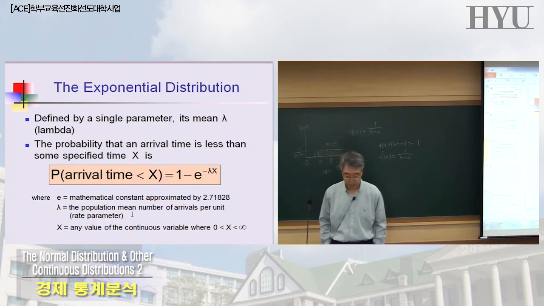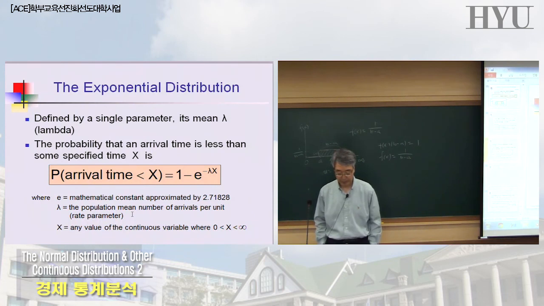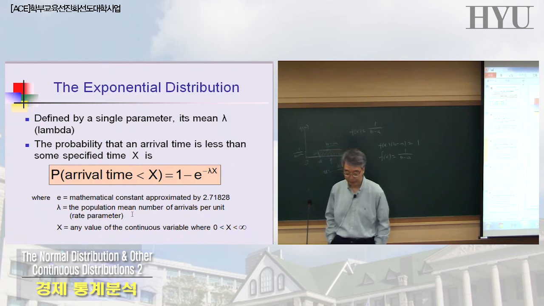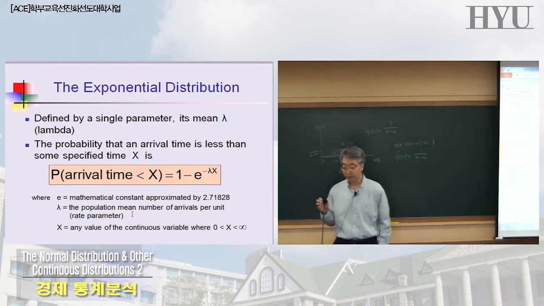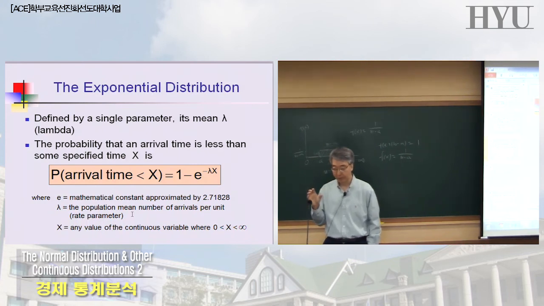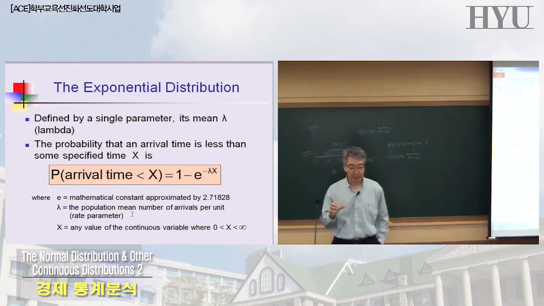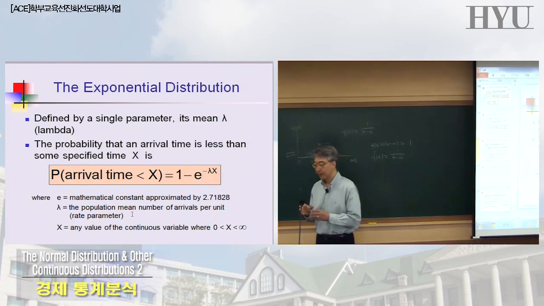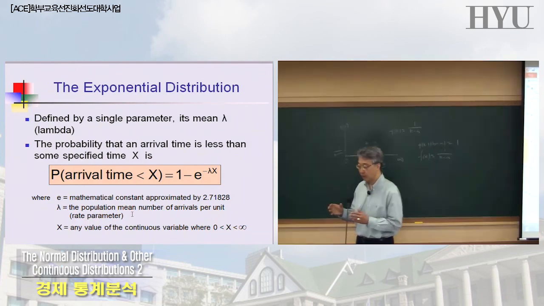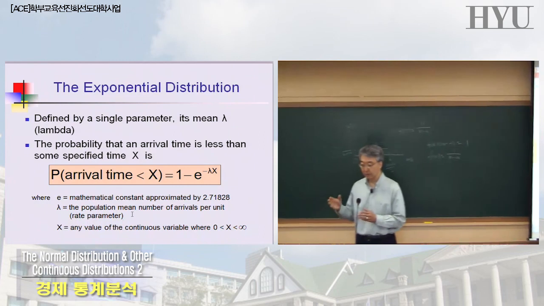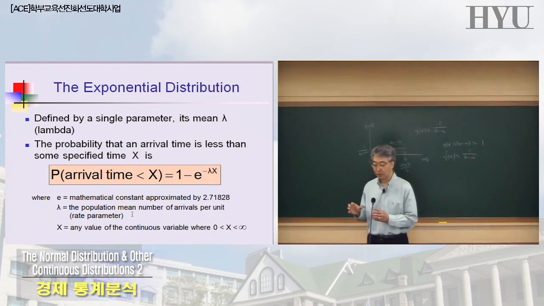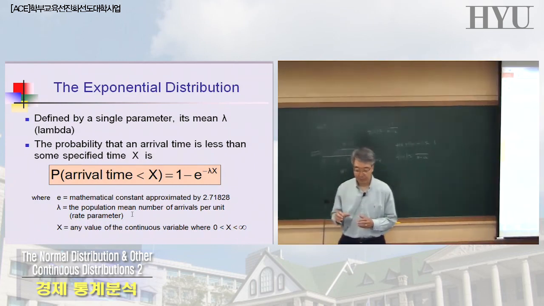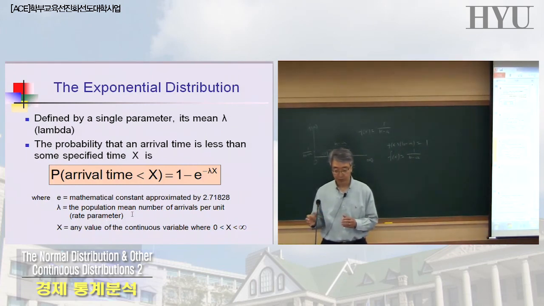Exponential distribution is defined by a single parameter, its mean value, lambda. We use the Greek letter lambda to denote its mean value. So average arrival time, or average occurrences within a certain time limit. Or it doesn't have to be time. It could be within a certain location, right? How many of these incidents happen within a certain distance, okay?